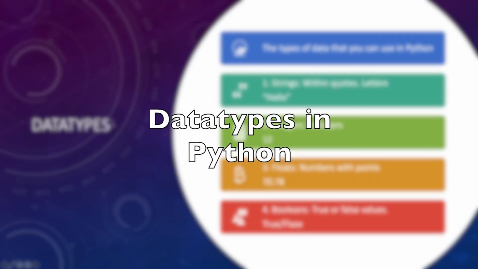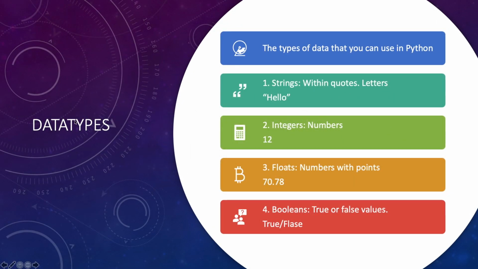Okay, so what are data types? Data types are the types of data which you can input into Python. So first are strings. Anything alphanumerical enclosed within quotes is known as a string. So within quotes here, see, start, close, it's hello. You can write anything in there.